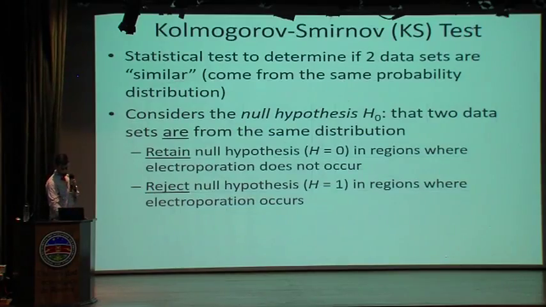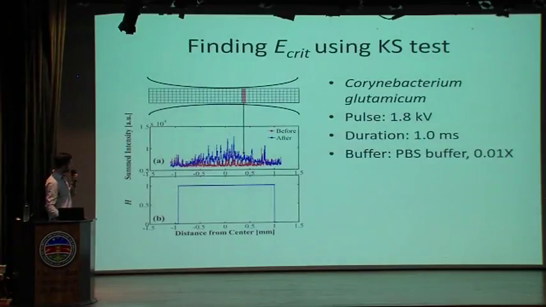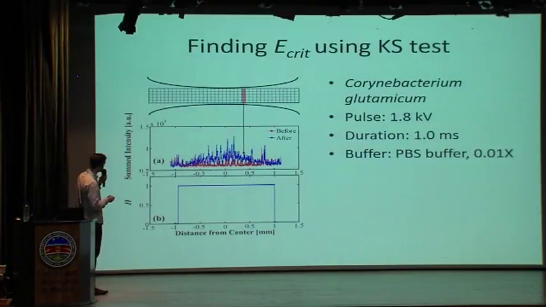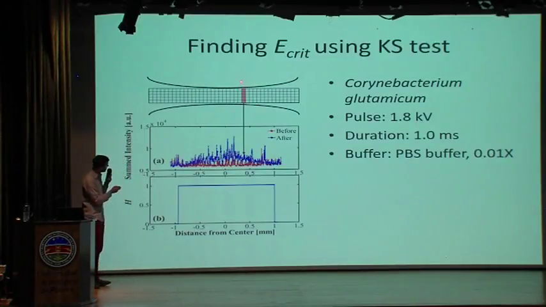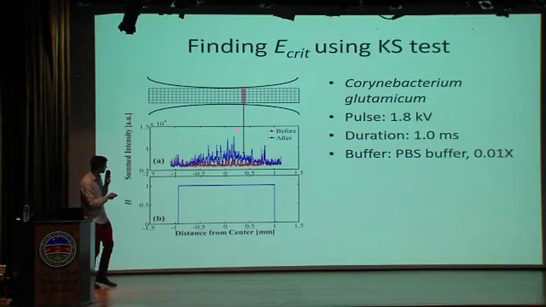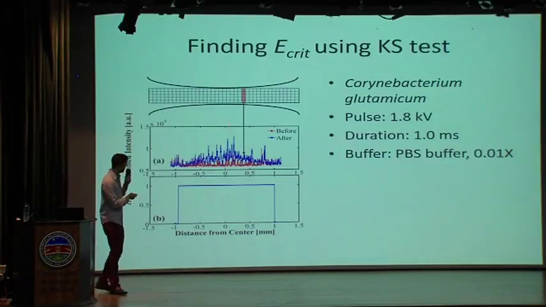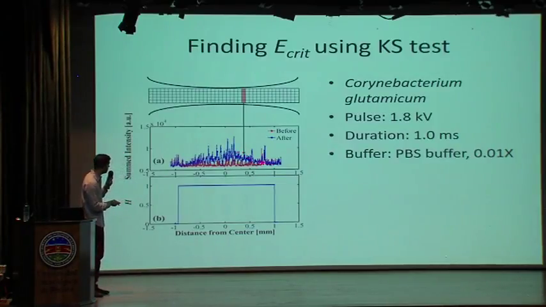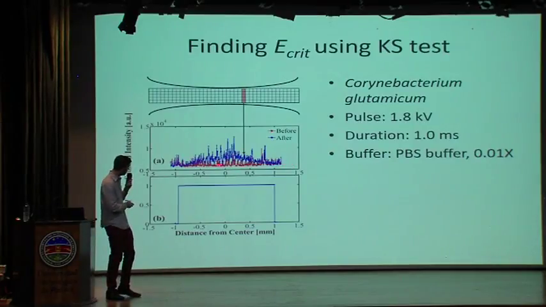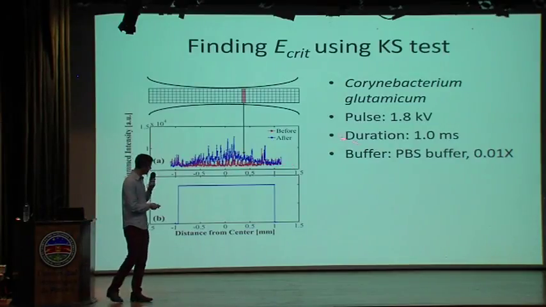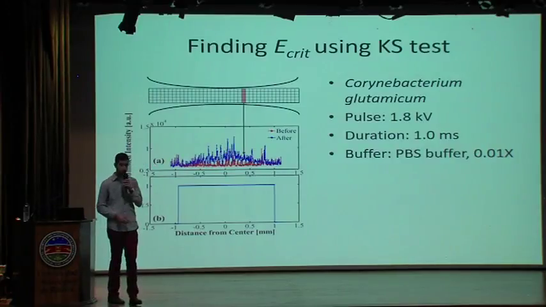So I want to talk briefly about, let's consider a simple case. Let's just plot the sum of the fluorescence in each one of these pixels, okay? And let's plot that online. So here you're seeing just the fluorescence intensity before the pulse in red, and the intensity after the pulse in blue.